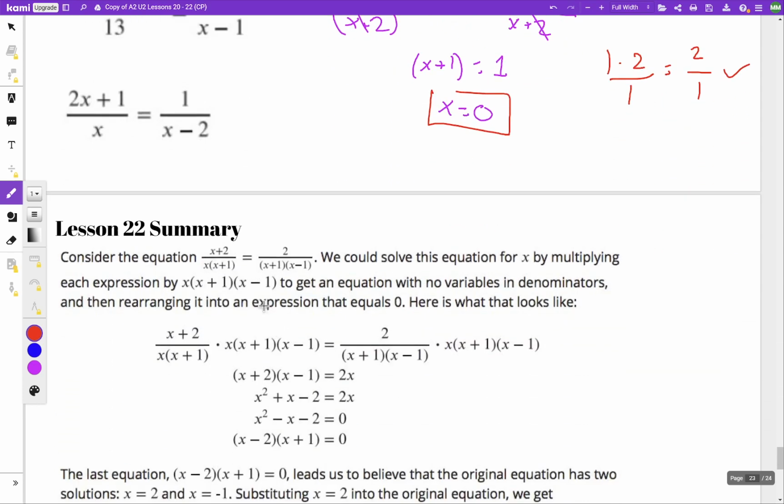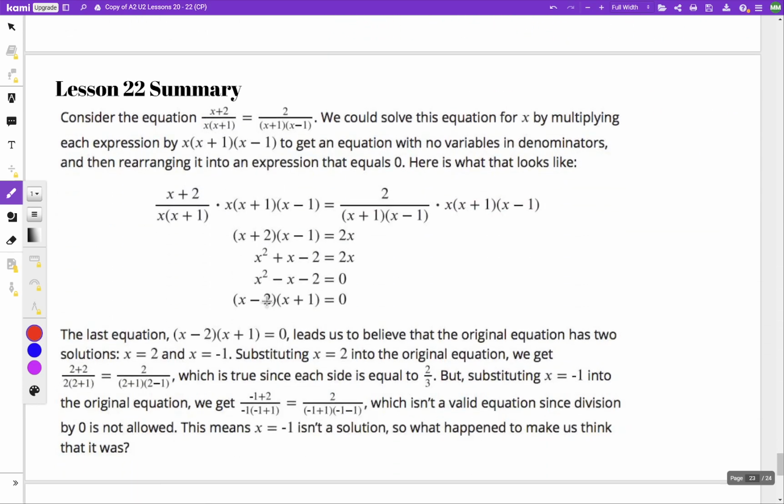So here's my summary. They solve it a little bit of a different way. We use cross multiplying, but their method is pretty much the same. You cross multiply, simplify everything down, and then they're left with a quadratic that they were able to solve.